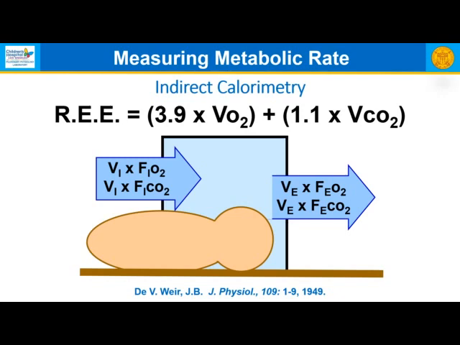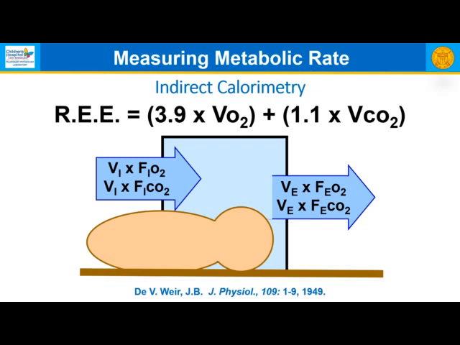How do we measure this? So generally speaking, metabolic rate is measured by indirect calorimetry. So resting energy expenditure, or sometimes called resting metabolic expenditure, equals, by the de Weir equation, 3.9 times oxygen consumption plus 1.1 times CO2 production. Now, generally speaking, we're doing this in an indirect calorimeter.